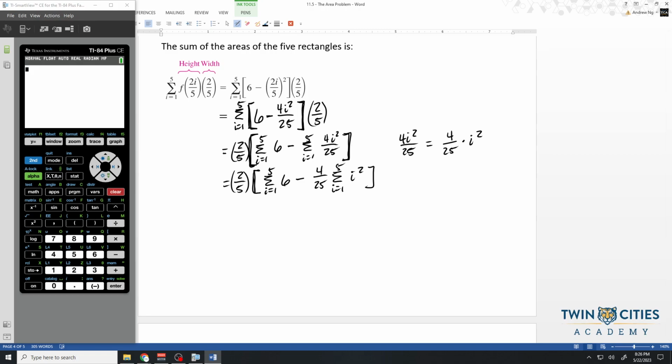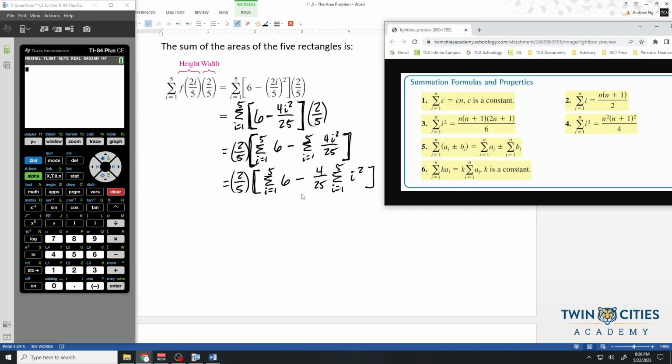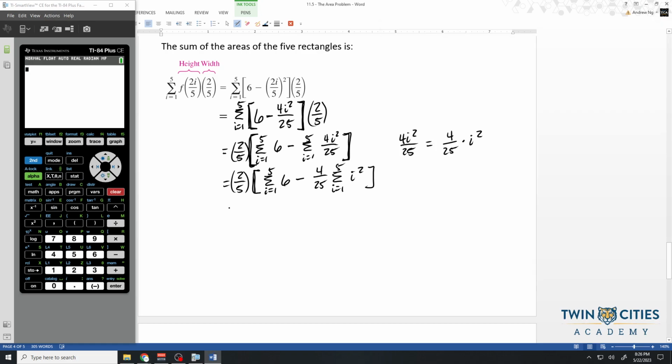Okay, so now let's look at our summation formulas. 6 is just a constant. So formula 1 says do the constant times n. This will end up being 6 times 5 here. Let's write that out. This is 2/5 times 6 times 5 for the first part, minus 4 over 25, and then i squared.